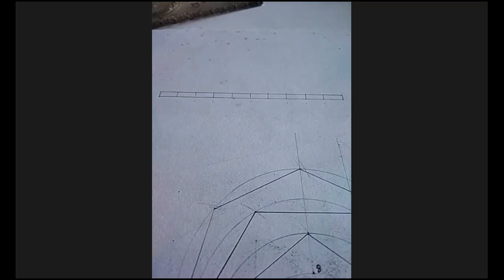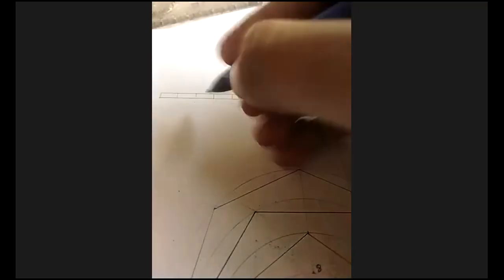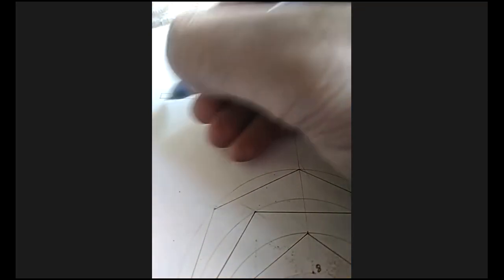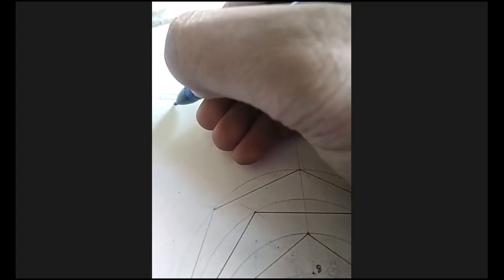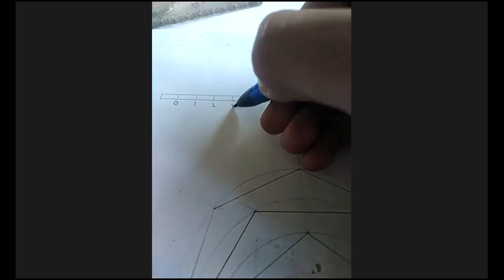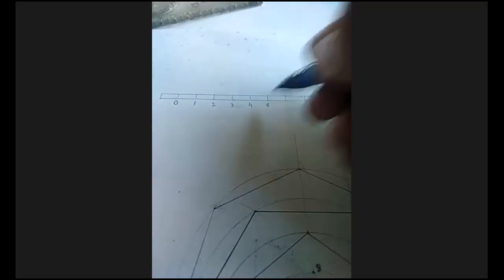Okay. Then we'll start numbering from 0, not from the first line but from the second line: 0, 1, 2, 3, 4, 5, 6, 7, 8, and 9.